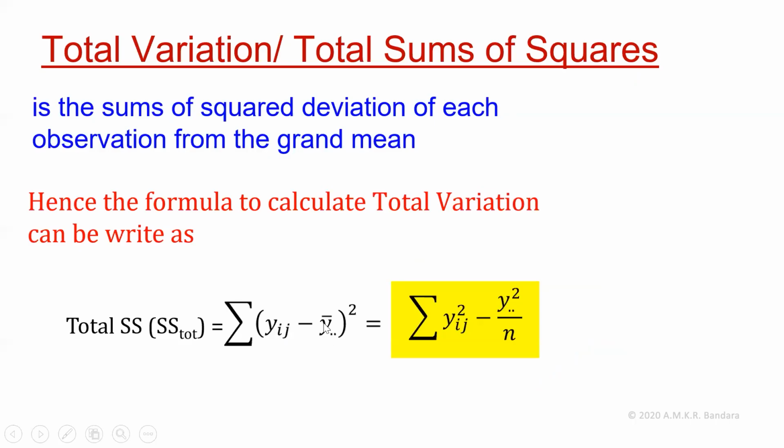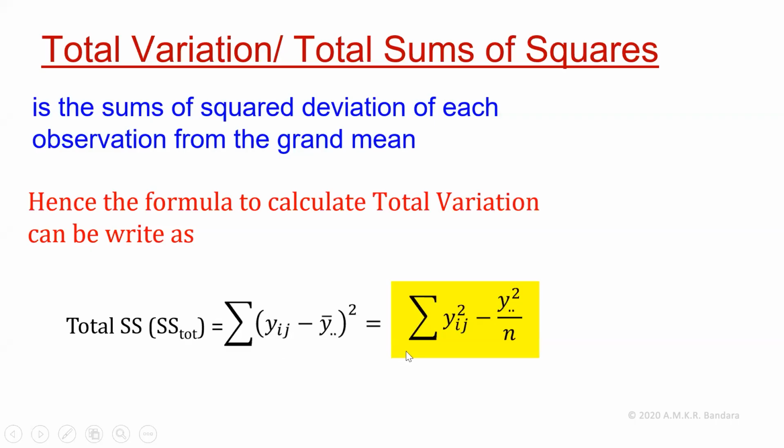Here y dot dot is the grand total of the data set and bar represents the average, so this means the average of all the data, which we call the grand average. So total sums of square is calculated by first calculating the deviation of each observation from the grand mean, then squaring those deviations and taking the summation.